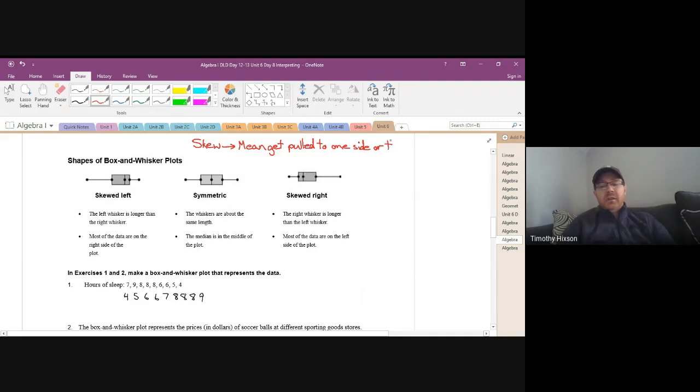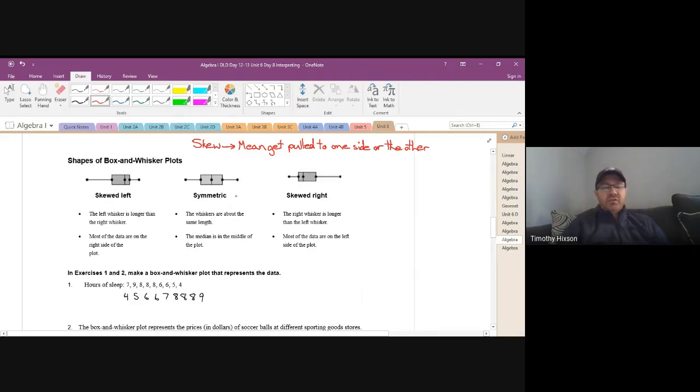Well, these extreme values, or if we have a portion of the data that is spread out a little bit more than the other, then the more extreme values on that end are going to pull the mean down below or to the left or to the right of where the median is.